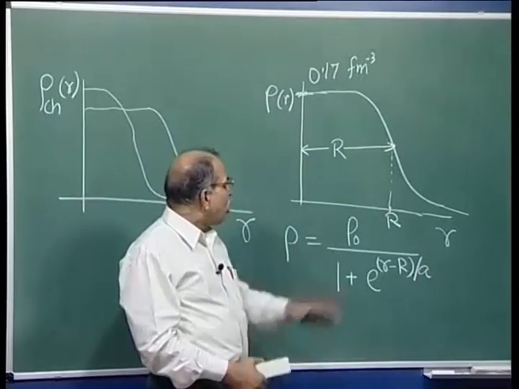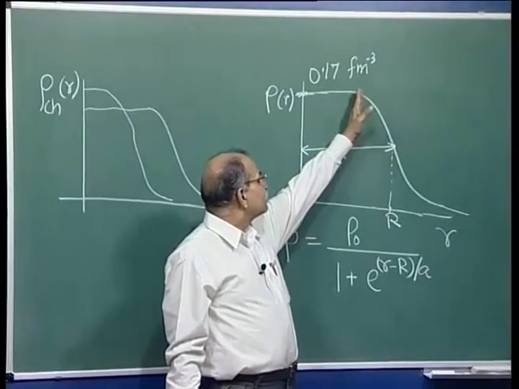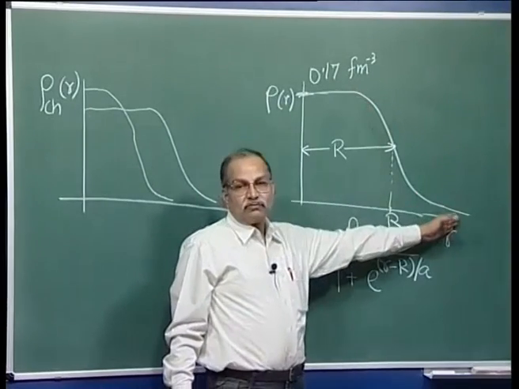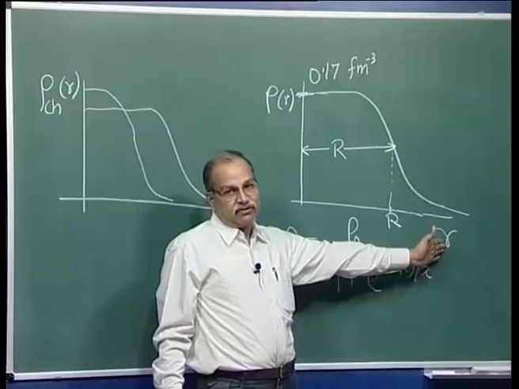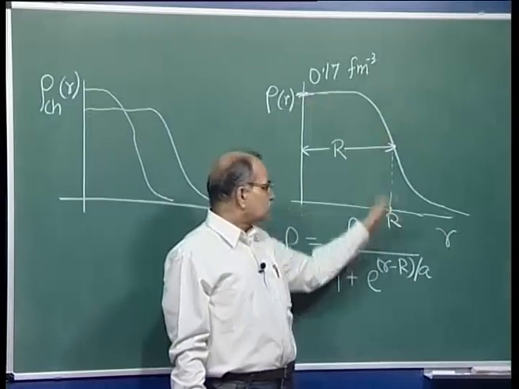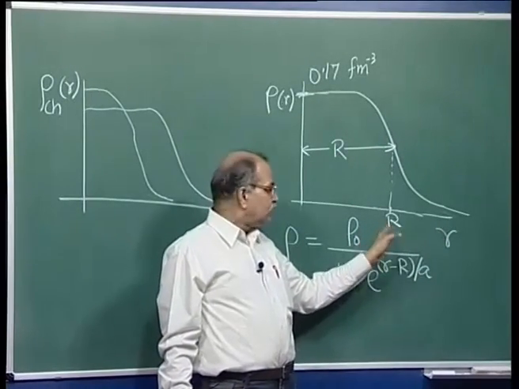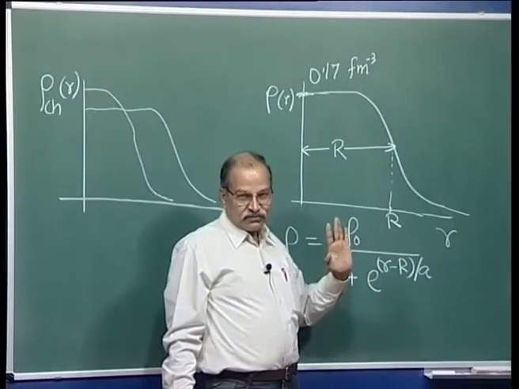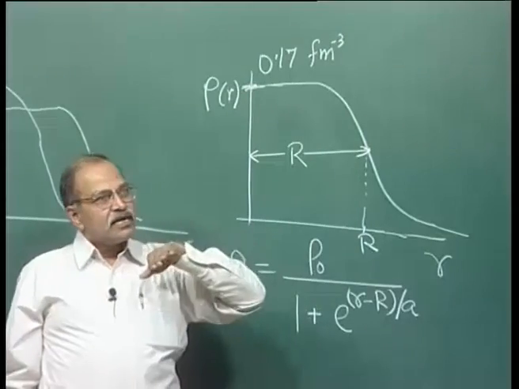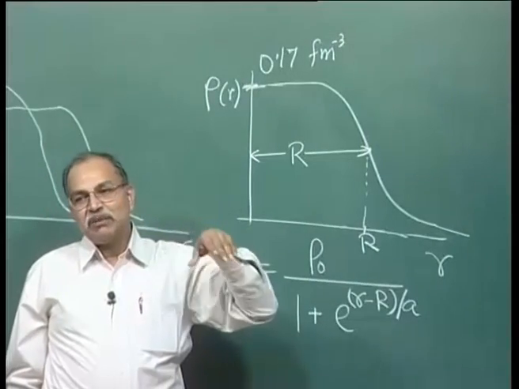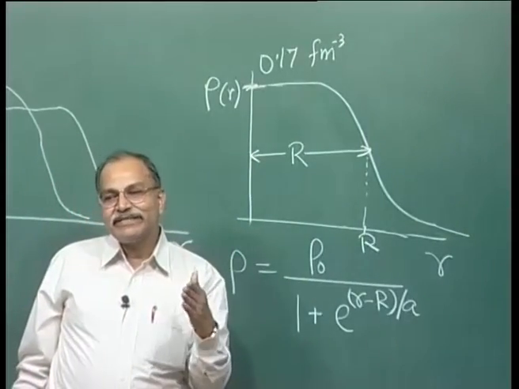Small a is how fast the density decreases from the highest value to almost negligible values, how steeply it falls. If it just went straight to 0, then this a would be 0, but that is not the case. So a is a measure of how gradually or how steeply this density decreases as a function of r.